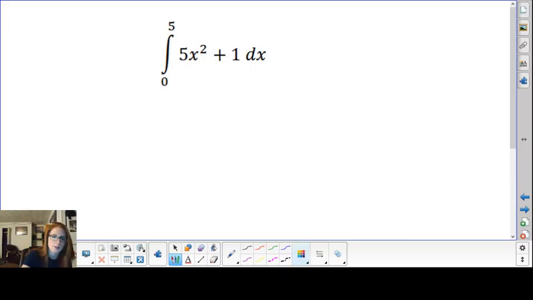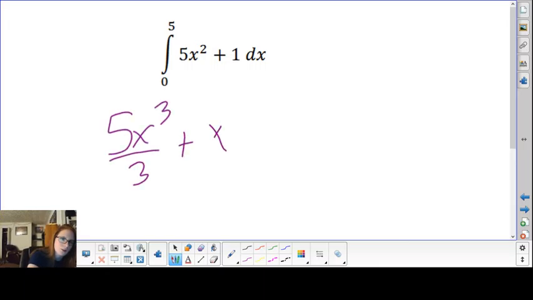Alright, so we should be getting pretty good with our integration now. So we should know that I'm going to get 5x cubed over 3 plus x. I'm going to evaluate both of those pieces. I forgot to write this in my spot: between 0 and 5.